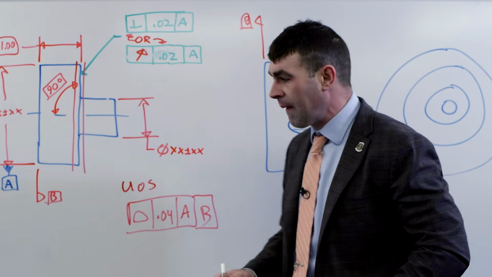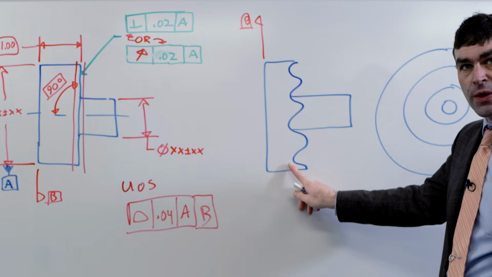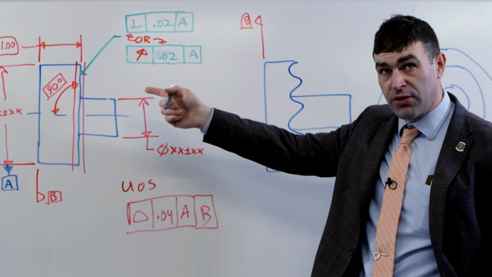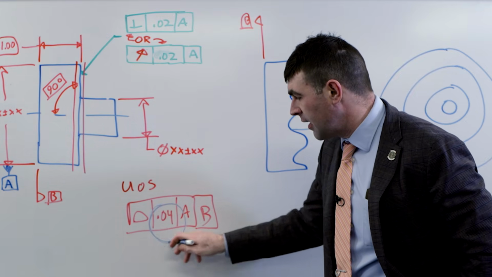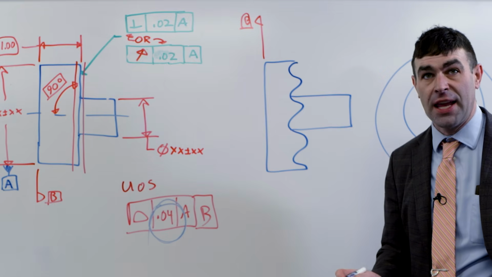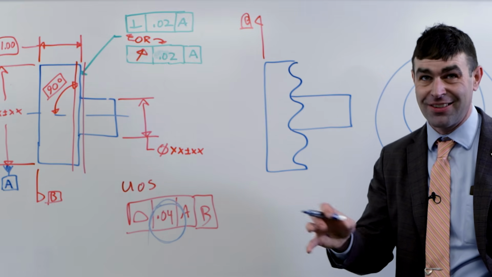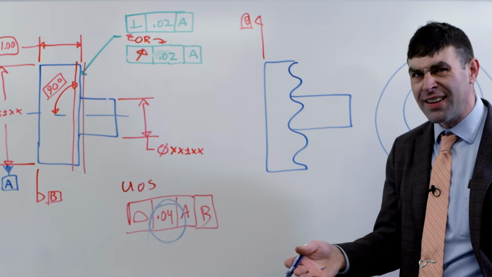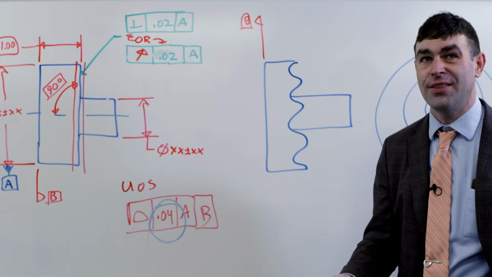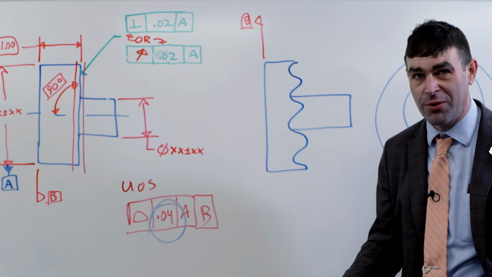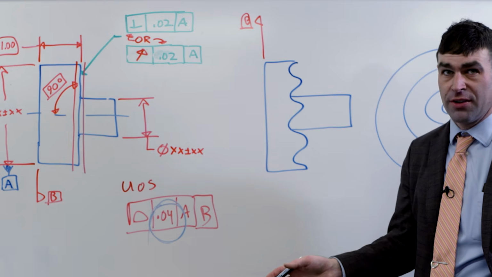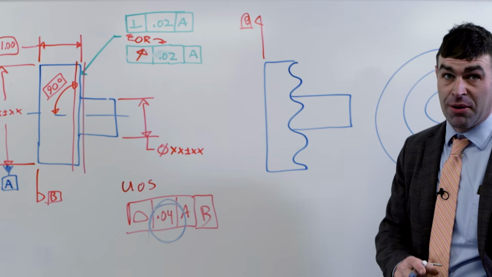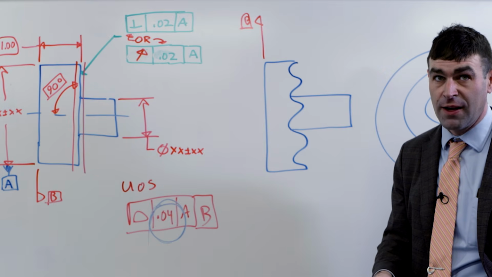What's going to limit the distance between the crest and the trough is either your plus or minus dimension, if we have one, or whatever is controlling the location. So in that way, it doesn't control flatness, and it doesn't really control orientation. I guess you could say it maybe controls tangent plane orientation. I don't know. I don't want to get into it, but it's a very odd thing, and definitely not the same as a perpendicularity callout.